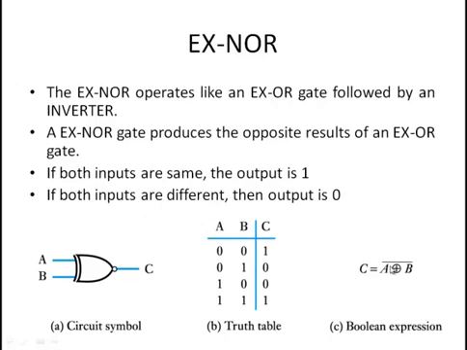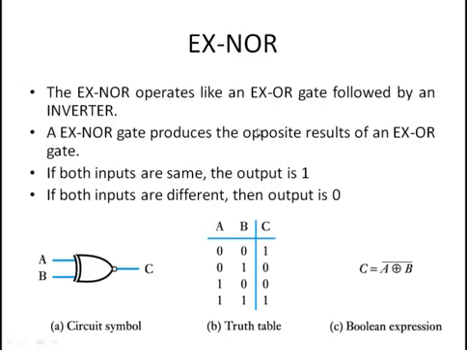See, this was the Boolean expression of XOR. Marking this bar over this expression makes it the expression for XNOR. That is, this bar makes it the expression for XNOR.